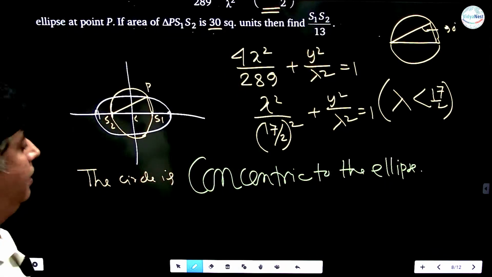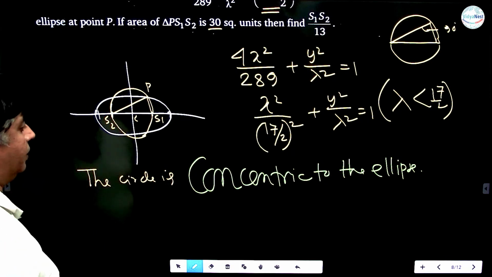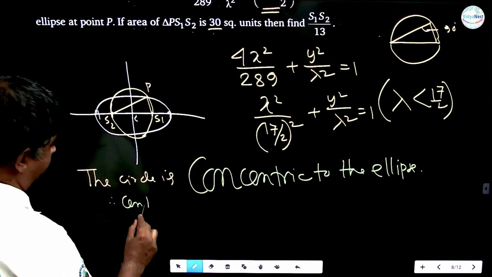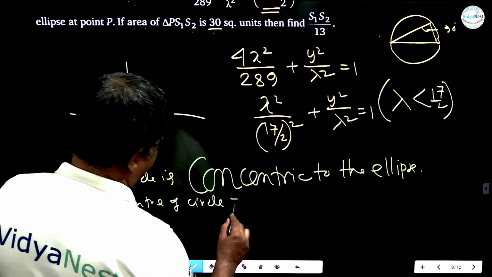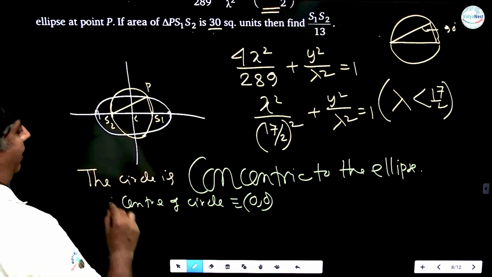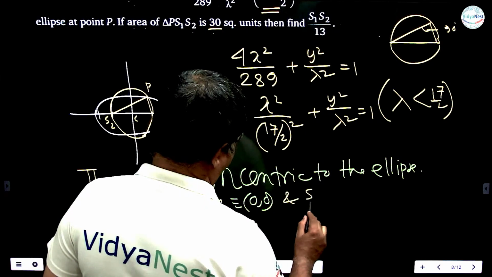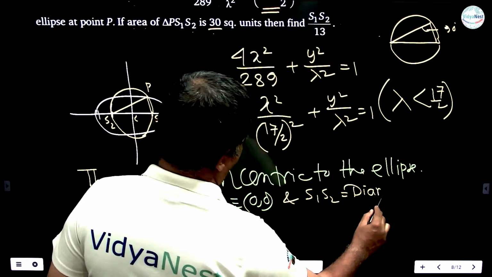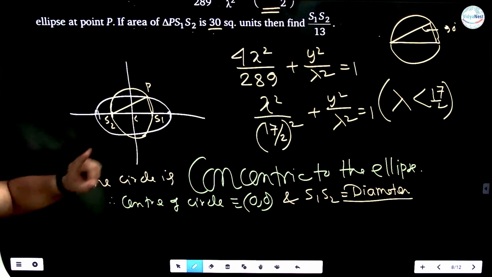Here the circle is concentric to the ellipse. That means the center of the circle is 0, 0, and S1, S2 is the diameter. This is the diameter.